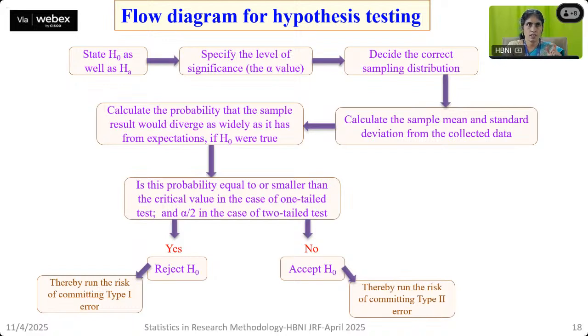Put in the null hypothesis as well as the alternative hypothesis, specify the significance level, then the distribution, the calculation of the required parameters, comparison with the population parameters, and taking the final decision whether to accept the null hypothesis or go ahead with the alternative hypothesis.